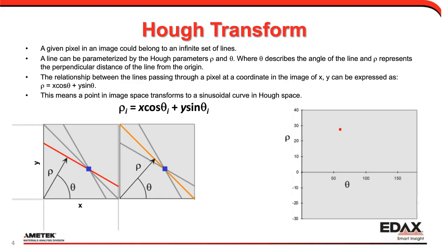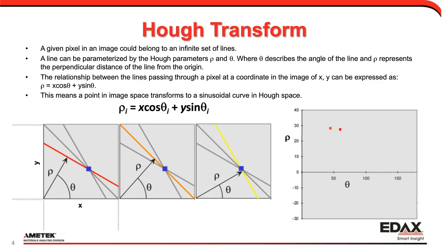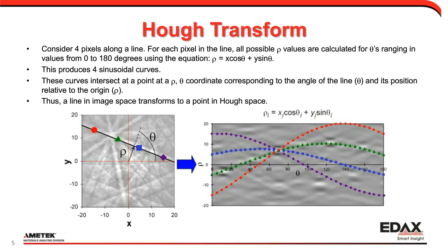Eventually you get sinusoidal curves, and these sinusoidal curves are basically that line. You keep doing this over and over again, they converge over and over, and you get these hot spots that are actually lines.